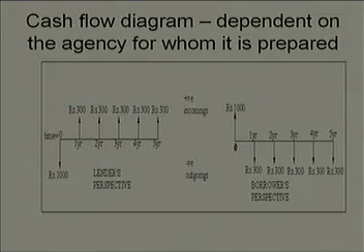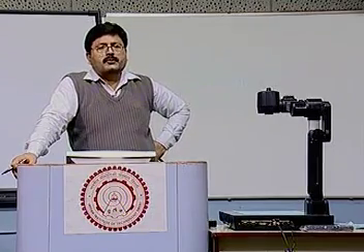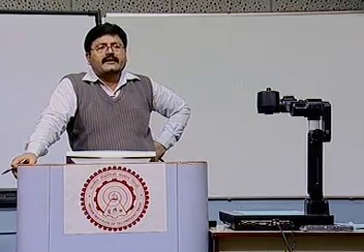You will find that both are just the opposite of each other, right. For example, the first part of this diagram shows that the lender's cash flow diagram would show 1000 rupees or $1000 on the negative side. Why?